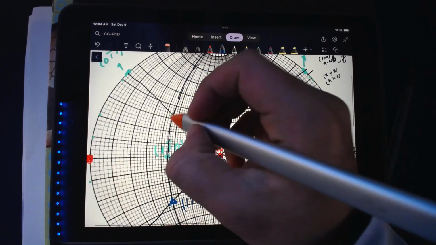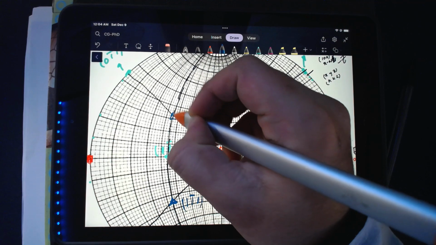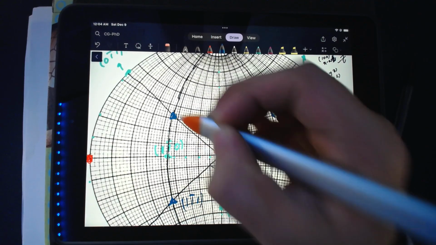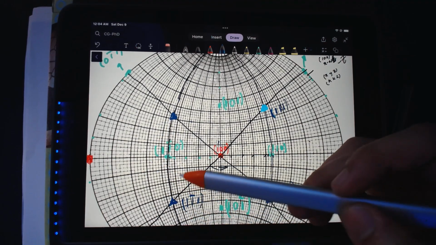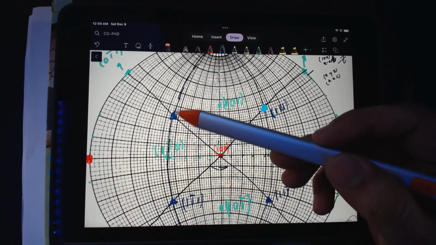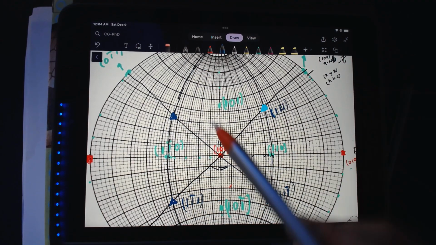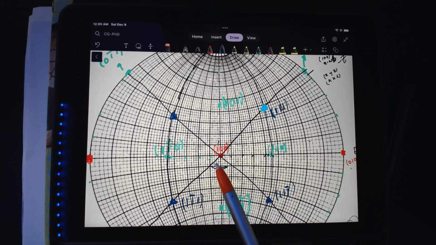And then the last one, which is just above the center line, will be the intersection. And keep in mind, again, the point here is that any point on this entire great circle is at 45 degrees from 100.